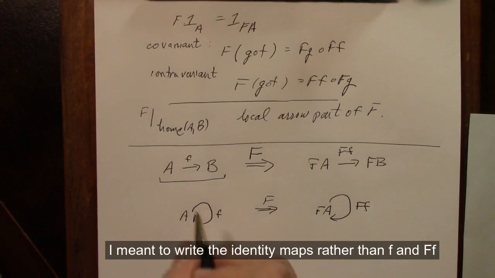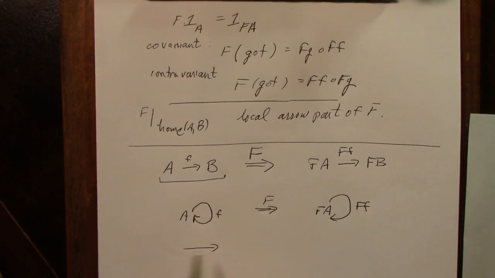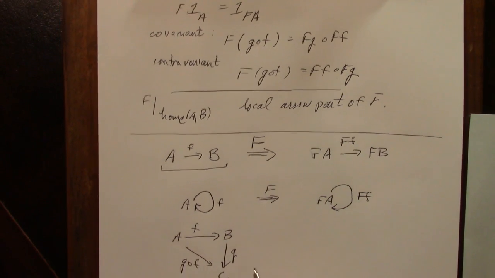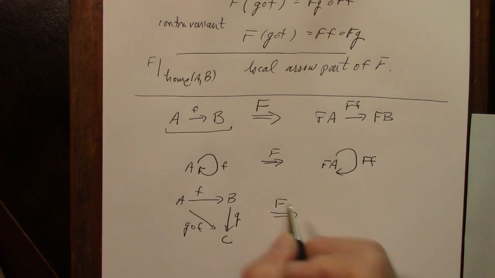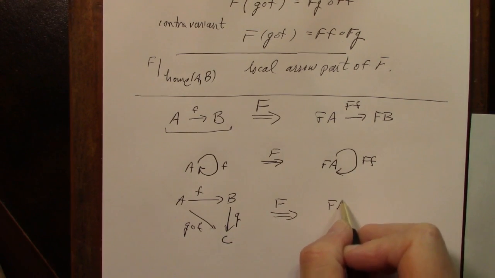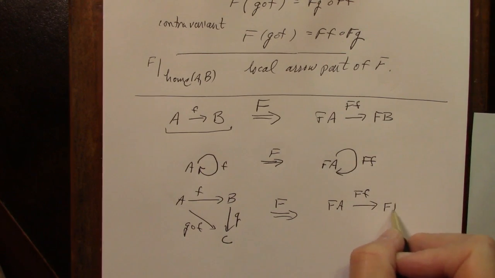and that the second condition in the covariant case says that a composition, so a triangle like this, is taken by a covariant functor to the same triangle with F applied to everything.